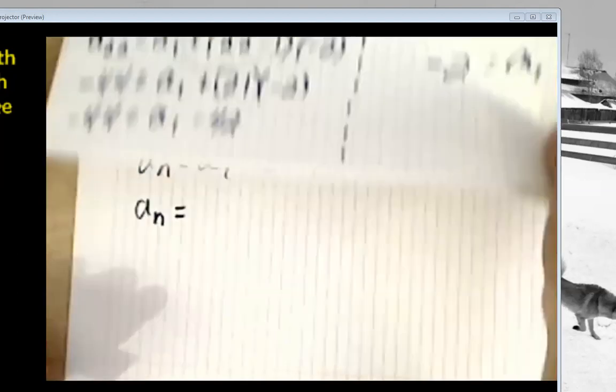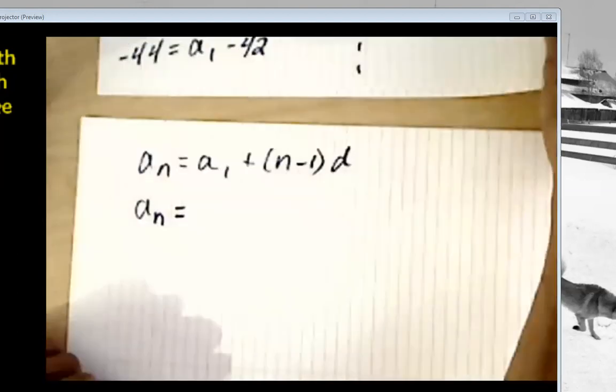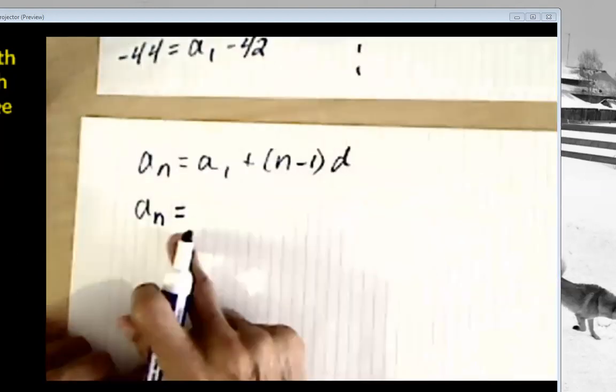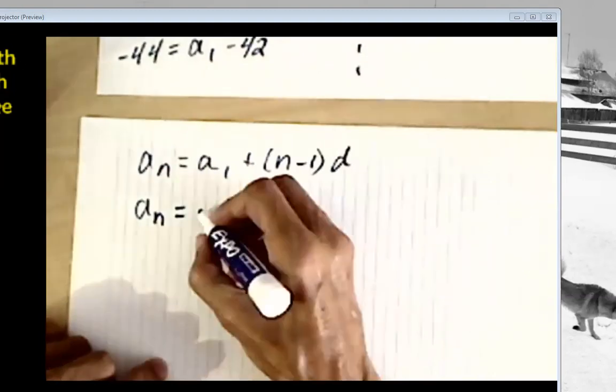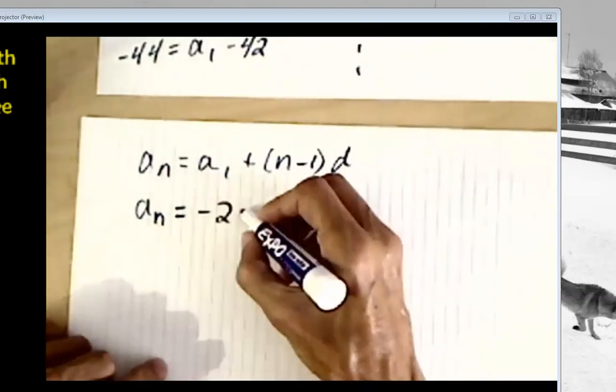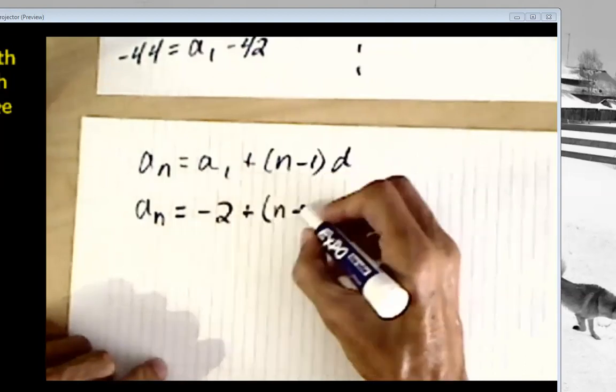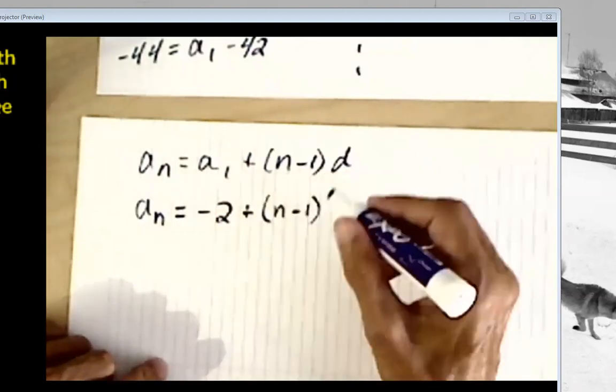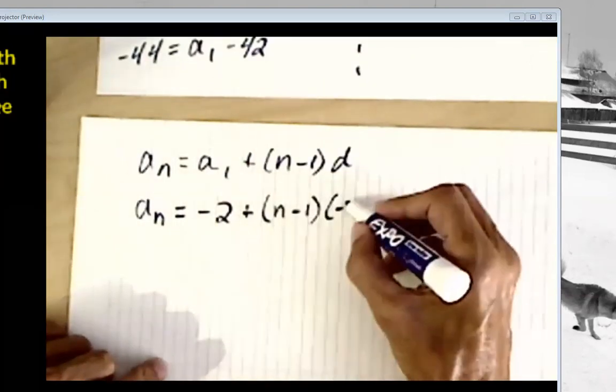Okay, because watch, I'll remind you why. We have A1, that was -2. N stays, as I'm saying. And then the D is -2 there as well.